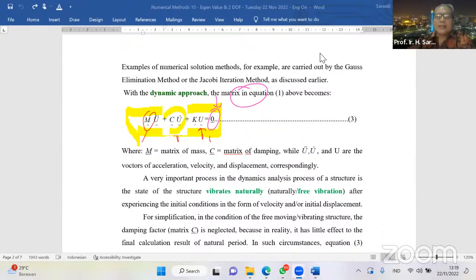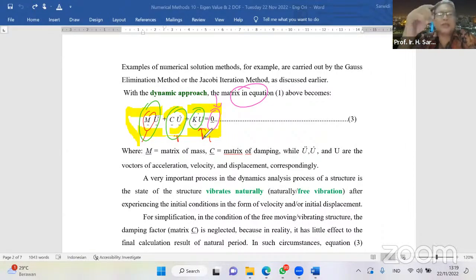So in this equation there is a term of mass times acceleration, then damping, the damping value times the velocity, and then the stiffness times the displacement.